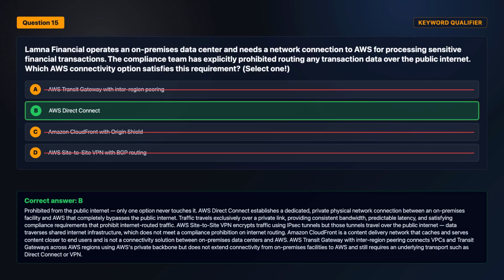AWS Transit Gateway with inter-region peering connects VPCs and transit gateways across AWS regions using AWS's private backbone, but does not extend connectivity from on-premises facilities to AWS and still requires an underlying transport, such as Direct Connect or VPN.